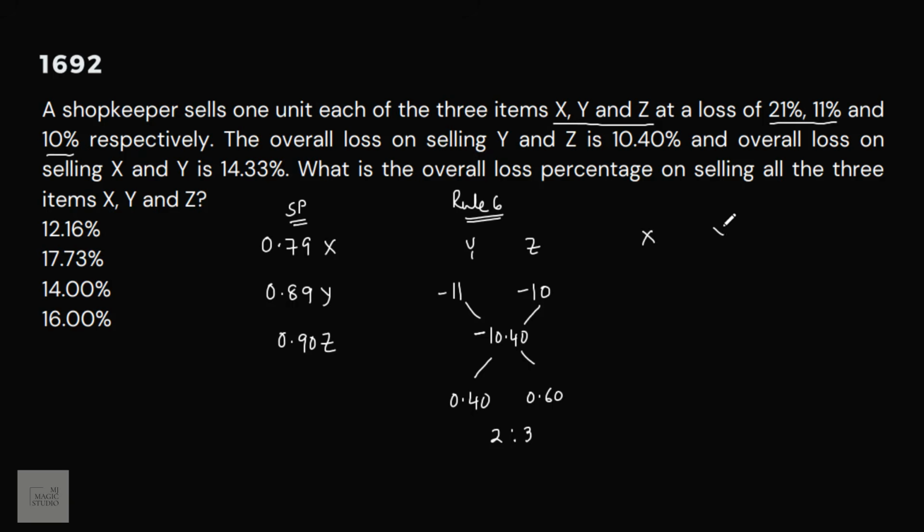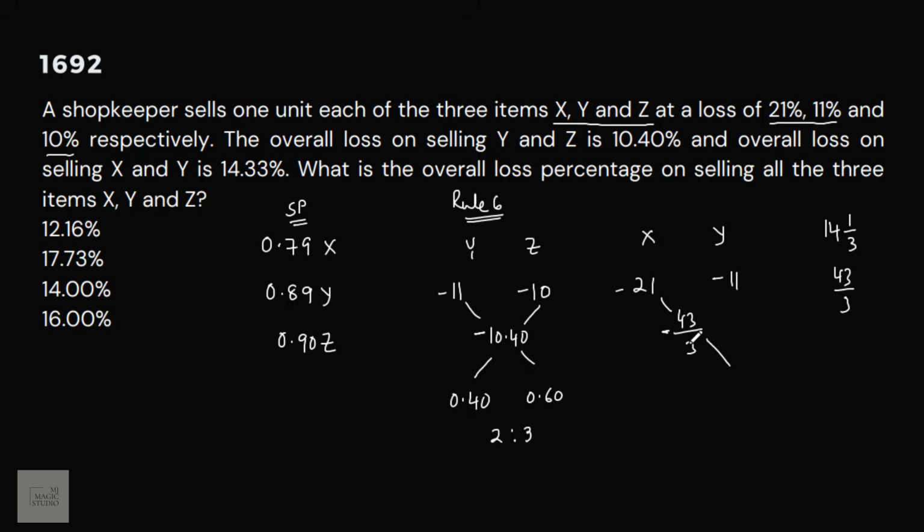Again, for X and Y, loss on X is 21, loss on Y is 11, and overall loss is 14.33. Instead of 14.33, let me write 14 1 by 3, that is 43 by 3.